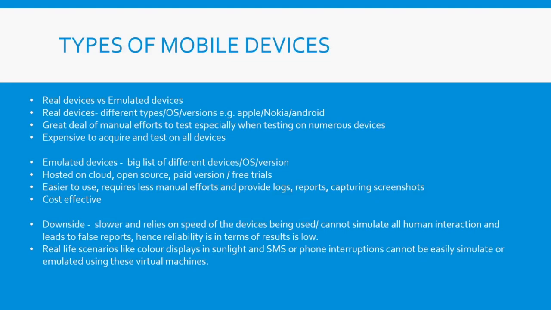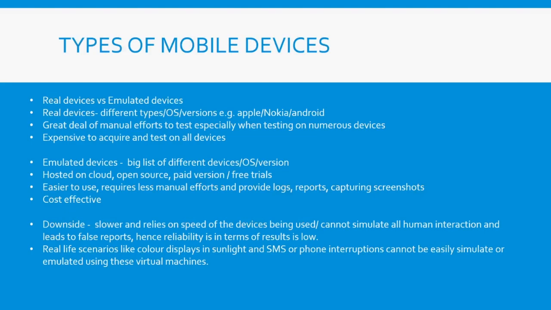The work of a tester is to ensure that an application is built and works well across many devices and operating systems, so it is hard to test on thousands of them. There's a lot of effort while testing on numerous devices. It is inexhaustible because of the large number of things you need to test on, and it's also expensive.